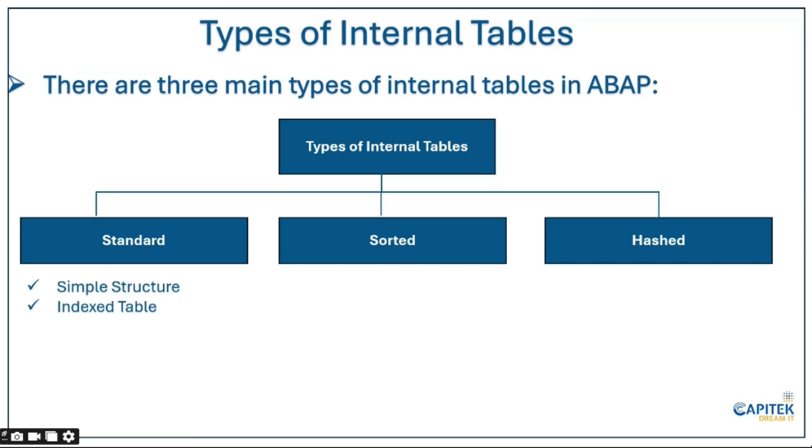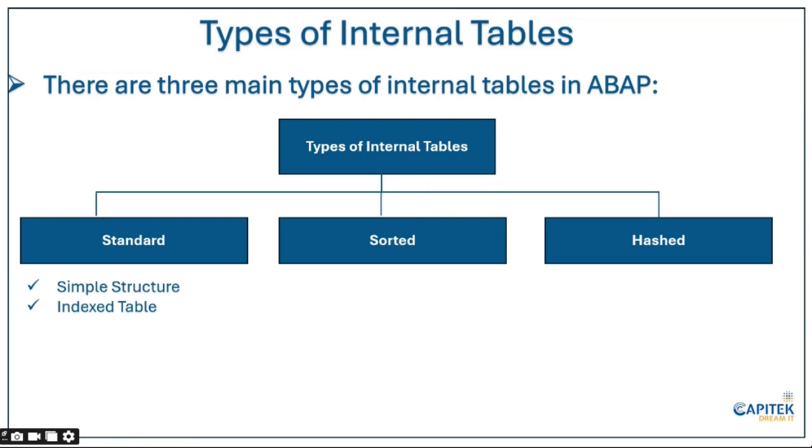Index means the table can be referenced with respect to the row number. For example, a table has 10 rows. It means it has 10 indexes. Let us suppose the index number starts from 1. Index 1, row 1, index 2, row 2, index 3, row 3. Likewise, index 10, row 10.